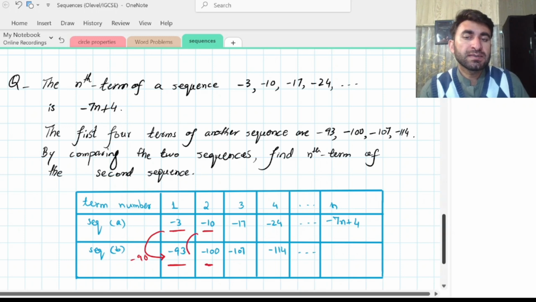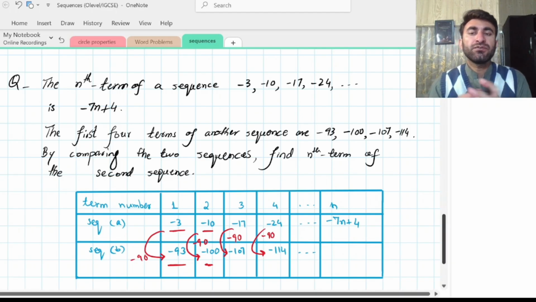So we see the same difference over here as well, minus 90. And the same is the difference between the third term of both sequences, and the same goes for the fourth term of both sequences.